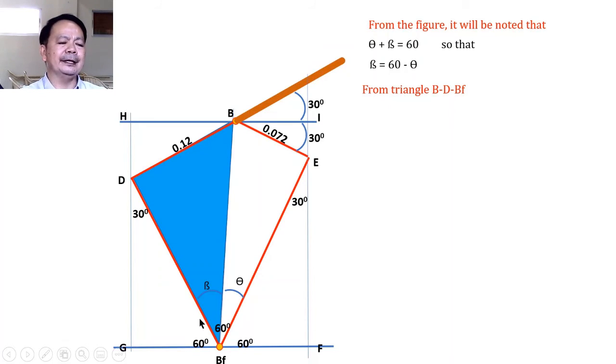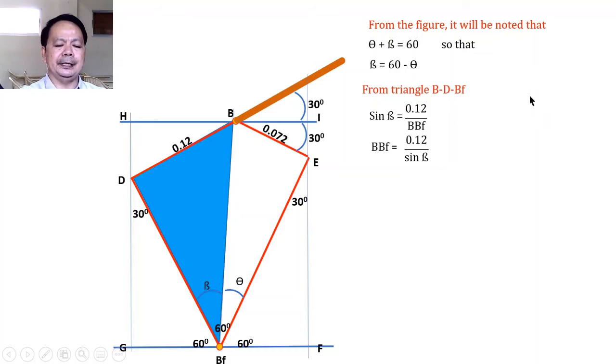And from the right triangle, we can express the function in terms of the angle beta. Sine of beta, representing the ratio of the opposite to the hypotenuse, becomes 0.12 divided by this hypotenuse, which is BBF. So from this relationship, BBF is equal to 0.12 divided by sine of beta.